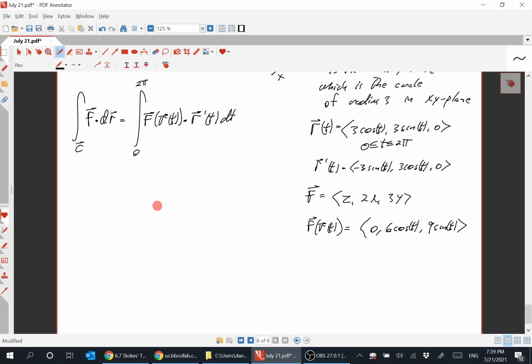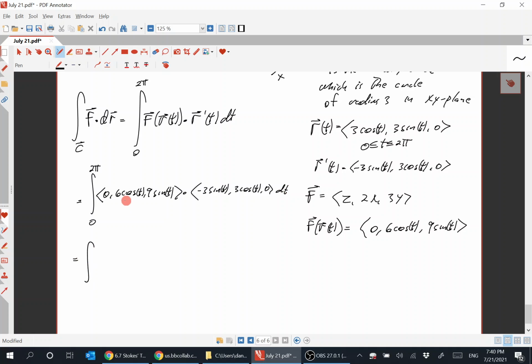So this is equal to the integral from 0 to 2 pi of 0, 6 cosine t, 9 sine t, dot r prime of t, 0, dt.